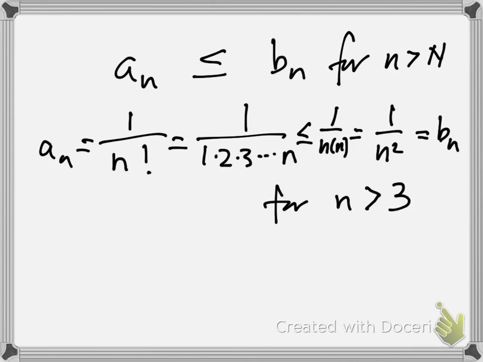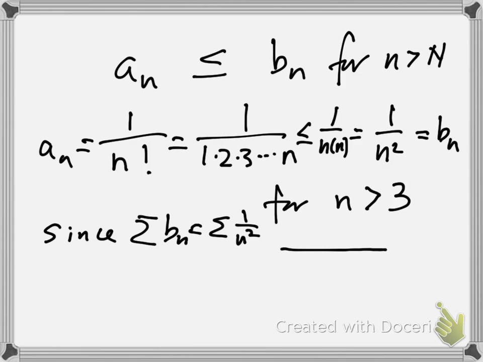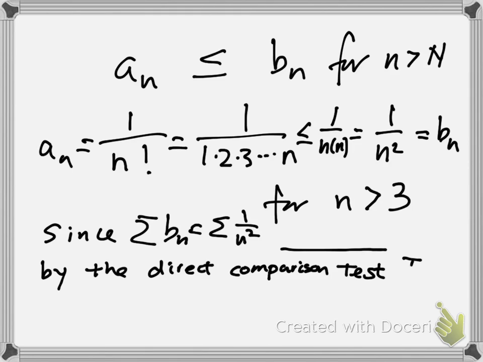Now we just have to establish the fact, since blank, and we have to give some reason, by the direct comparison test, this is direct comparison test part I, An, which is the sum of 1 over n factorial, also blank.